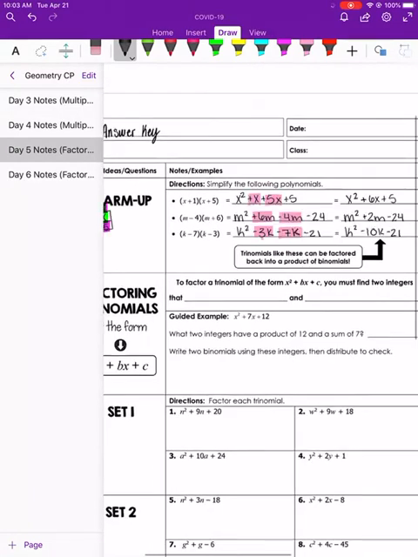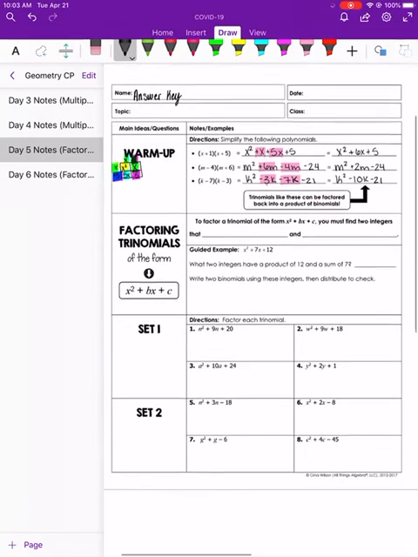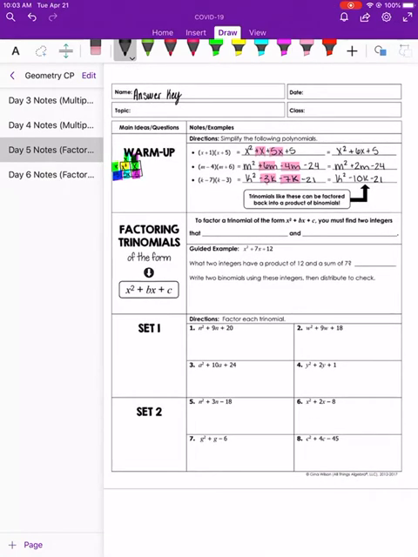Okay, so what we're going to be doing today is we're going to take these trinomials. What we have over here, these are trinomials because I have 3 terms. And we're pretty much going to undo them and get them back to this form. So we're reversing the process this time.